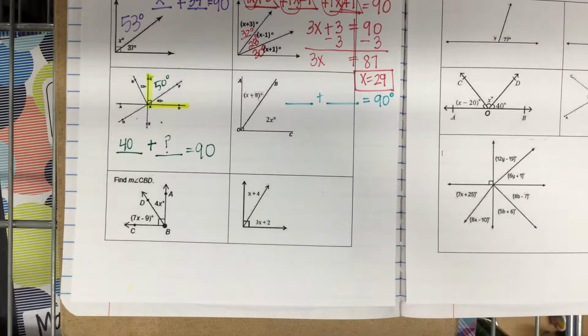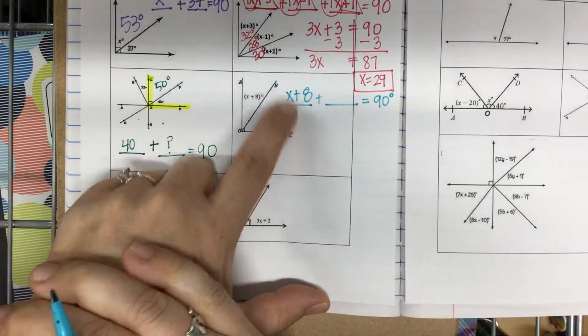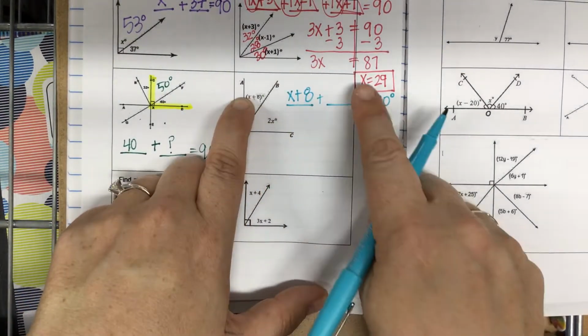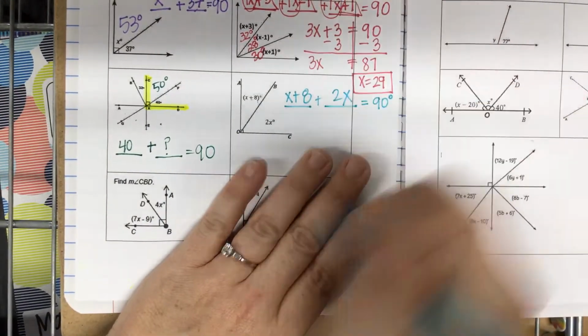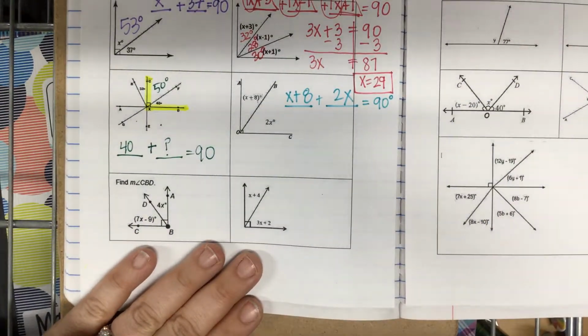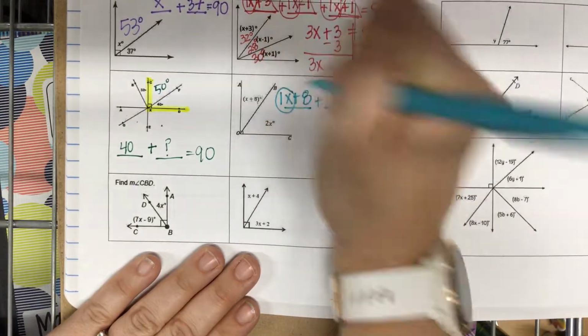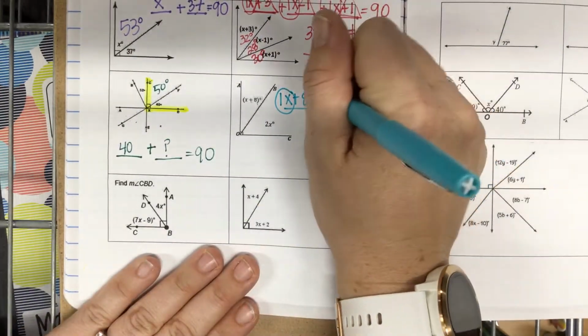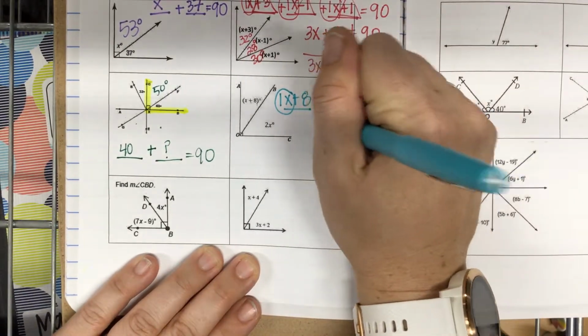What's my measurement? X plus 8? Yeah. That's my first angle. What's my second angle? 2x. And I can combine like terms. 1x plus 2x is 3x.